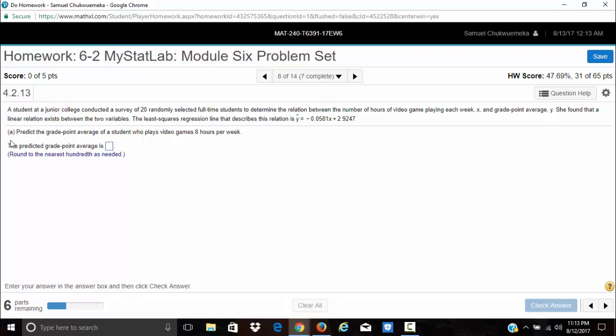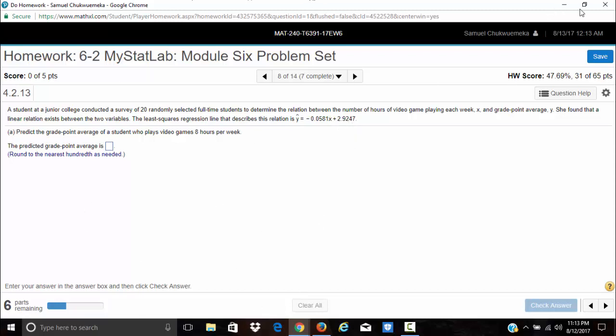Okay. A, predict the grade point average of a student who plays video games 8 hours per week. So all you need to do, you can use your calculator. Just do negative 0.0581 times 8 plus 2.9247.